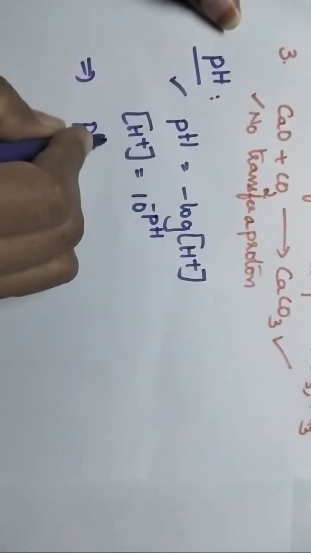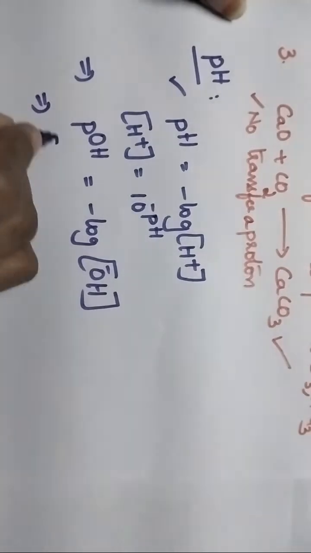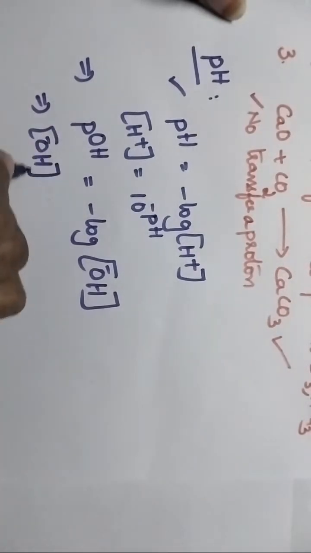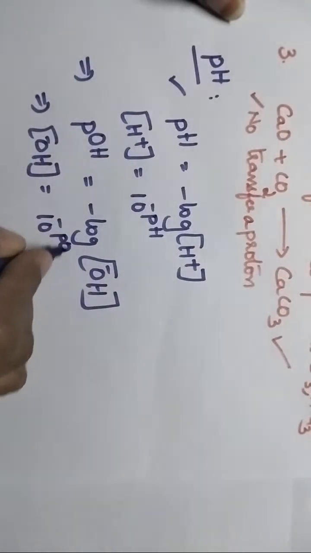So, once we write an expression for pH, it is possible to write an expression for pOH, that is minus log OH minus ion concentration. So, that implies the concentration of OH minus can be written as 10 power minus pOH.